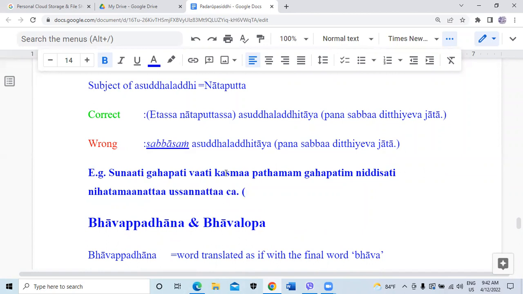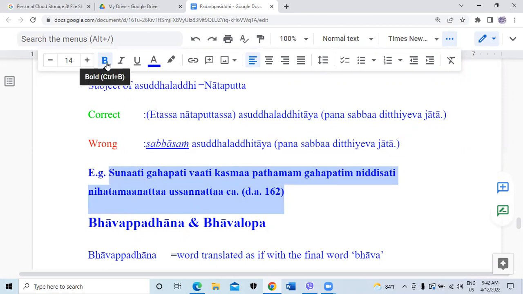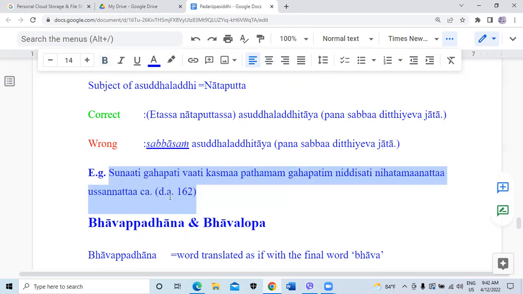This is also from the Dīghanikāya commentary, verses 2. Okay, this is a long sentence.